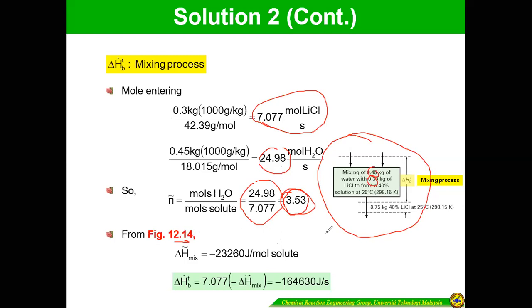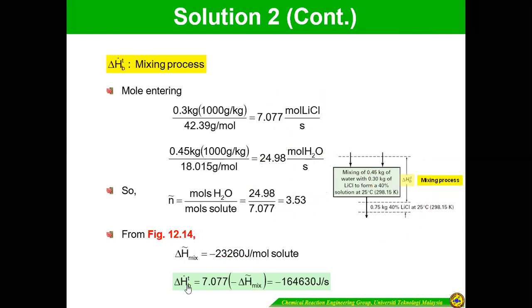Similarly, you do the vertical and horizontal lines, so we can get negative 23.2 kilojoule per mole of the solute. After that we can get delta HB, times the 7.7 moles of lithium chloride.